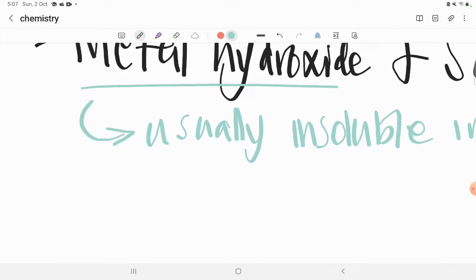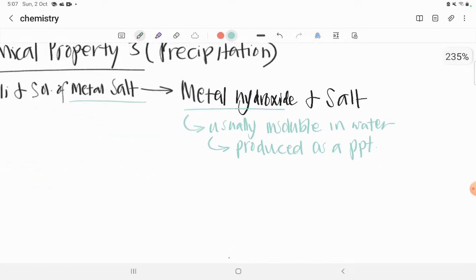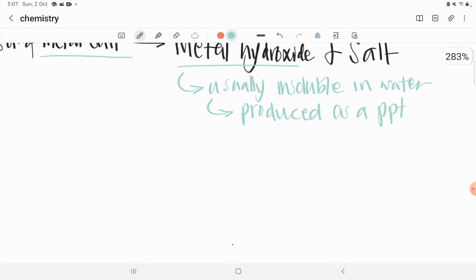So thus it is produced as a precipitate, a PPT.